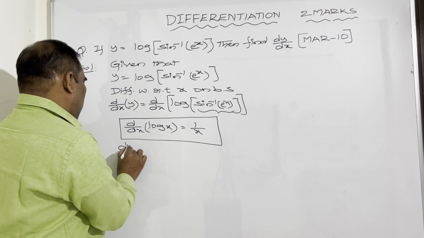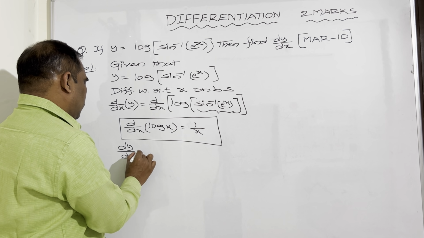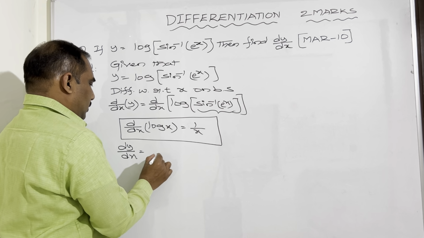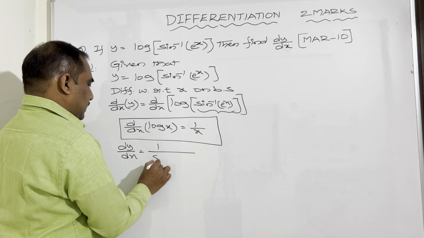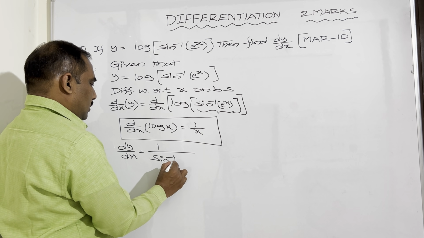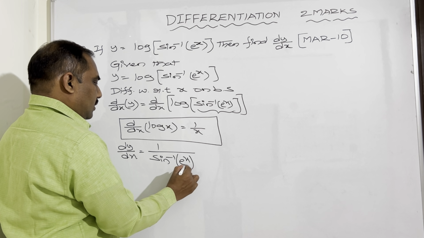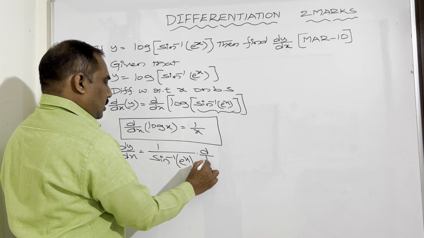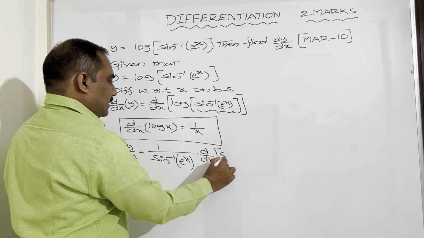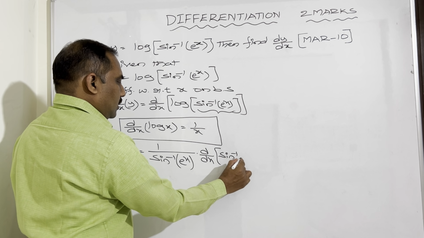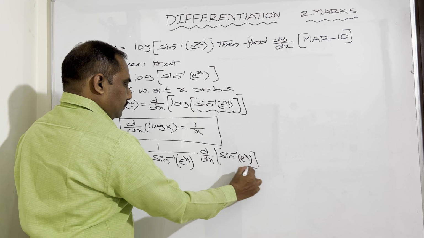Now dy by dx is equal to 1 by sine inverse e to the power of x. Again we have to do the derivative of sine inverse e to the power of x.